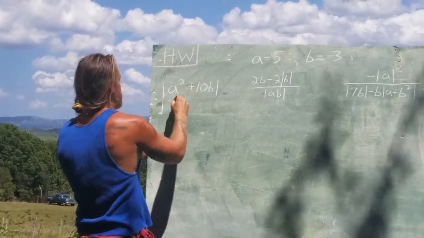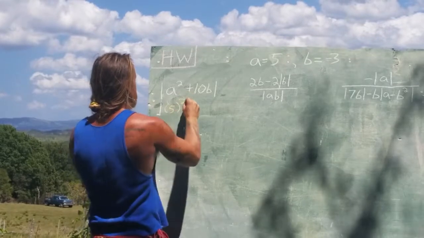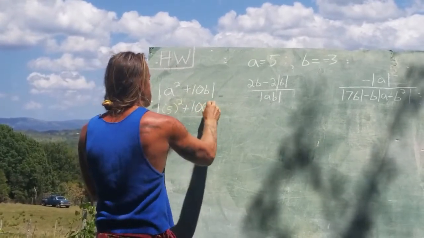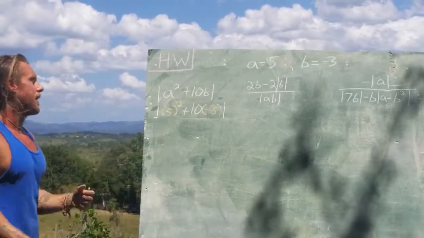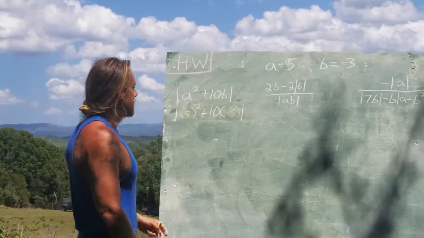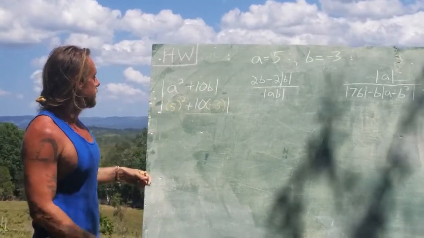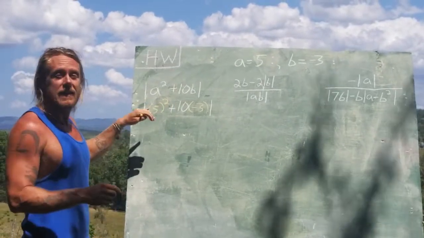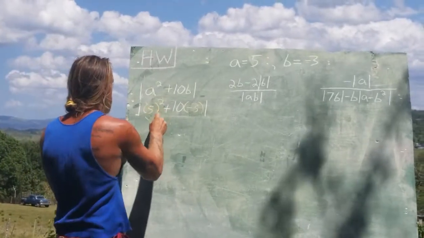A squared, which is 5 squared, plus 10 times b, which is negative 3, and we're taking the absolute value of that whole expression. Working within the absolute value, we deal with our exponents first. So 5 squared, or 5 to the second power, is 5 times 5, which is 25.